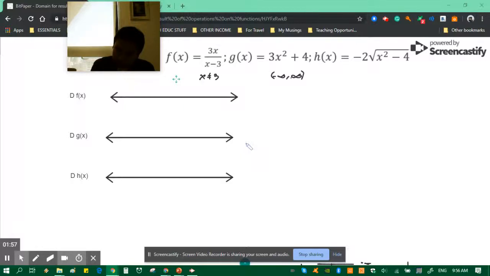again, this one tells us that you can only use numbers, not between, you can only use numbers less than or equal to -2 or greater than or equal to +2.